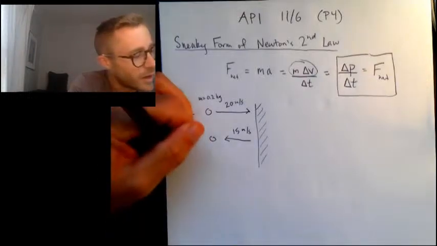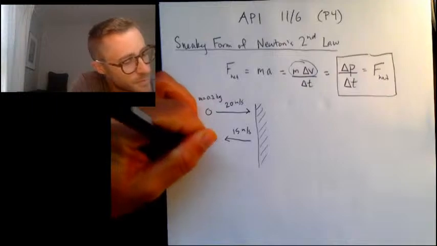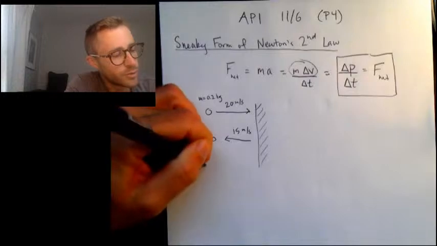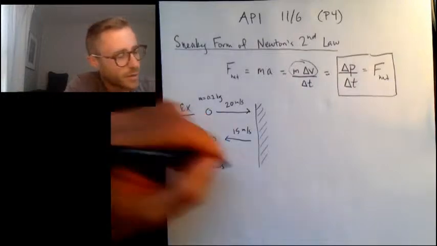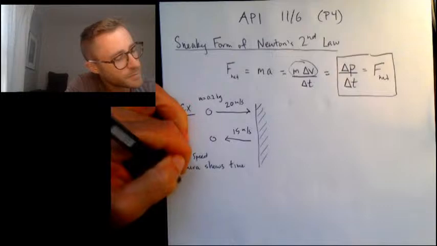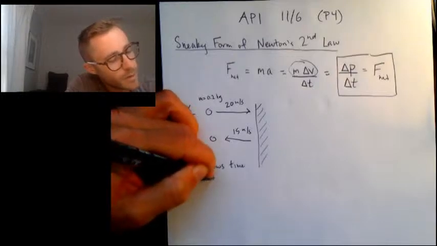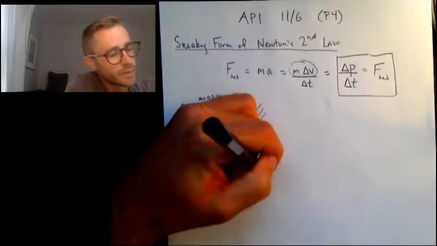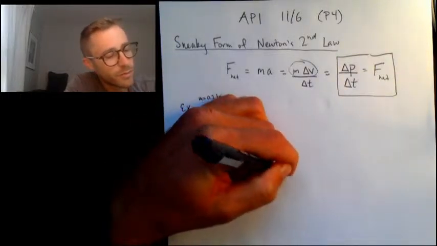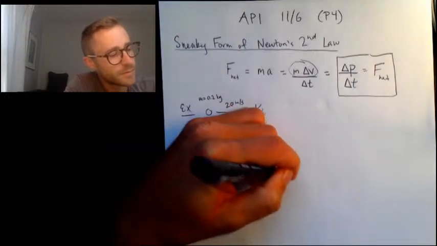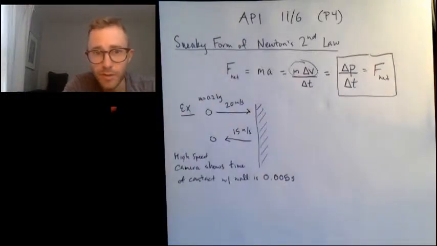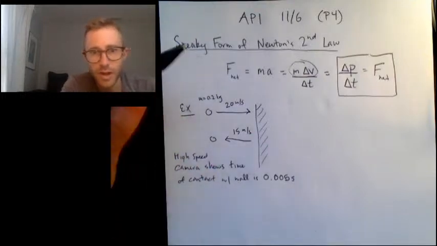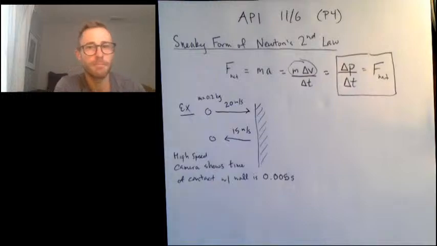Okay, so the high-speed camera shows that the time of contact with the wall is 0.005 seconds. Okay, so it's taking thousands of frames per second, and it's able to see that the time of contact of the ball with the wall is that.